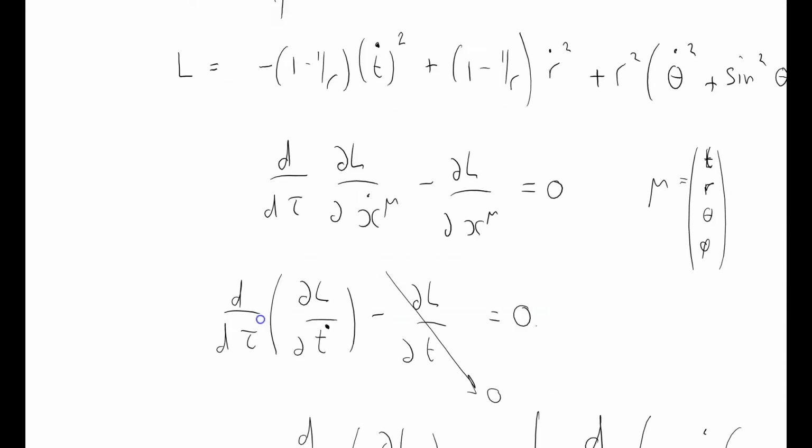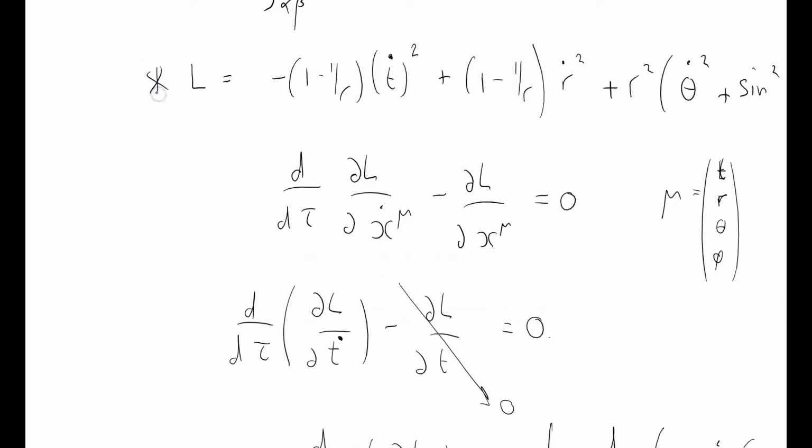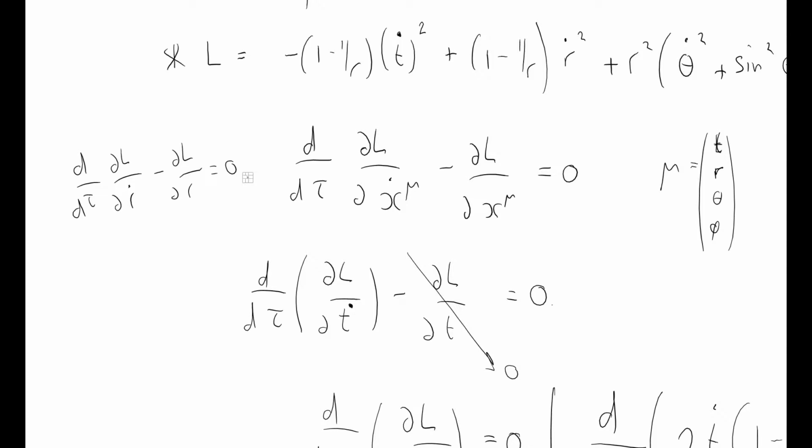What was my Lagrangian? It was this term here, and now I need d by d tau of ∂L by ∂r dot, minus ∂L by ∂r equals 0. Well, that's going to be a bit harder because there's lots of terms floating around. Okay, well, let's just do it anyway. Let me write out my Lagrangian, and then we'll solve the equation.